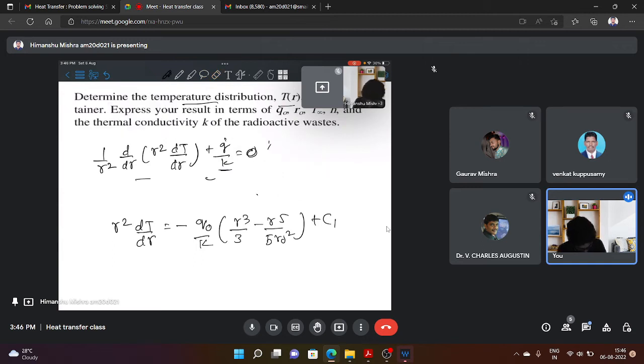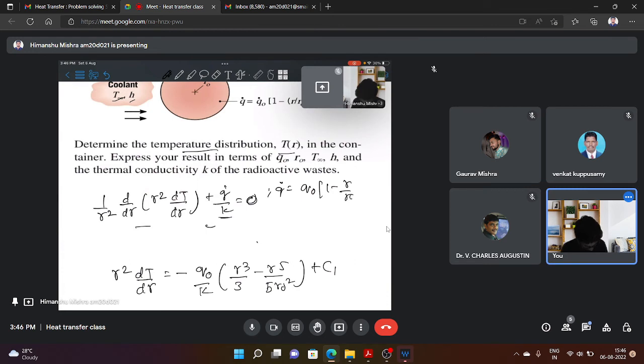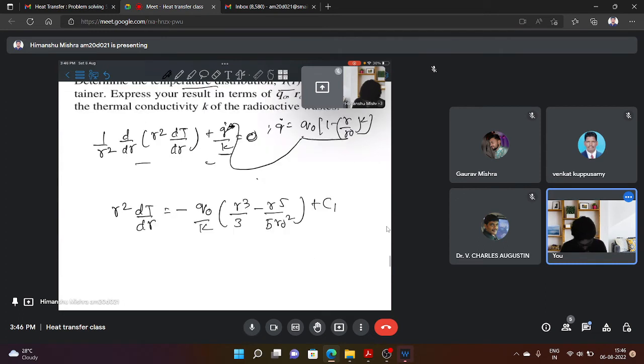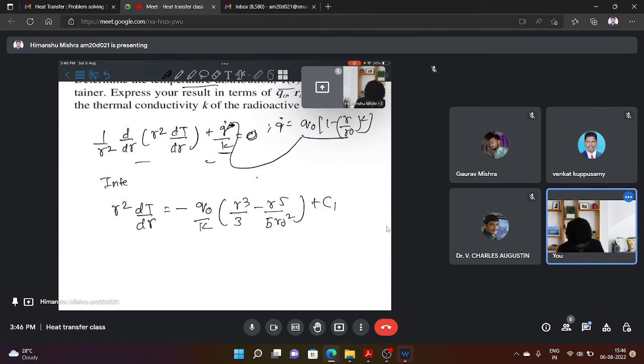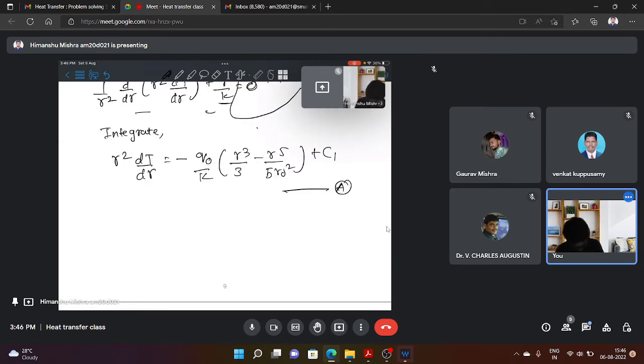So q dot is given as q naught times that expression. I put this expression here and then integrate to get this equation A. Now I can again integrate equation A to get the temperature distribution as a function of radial direction, properties and some constants.